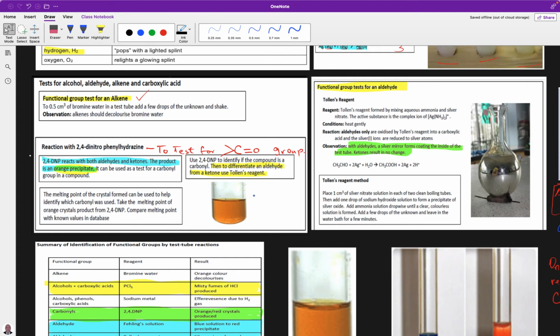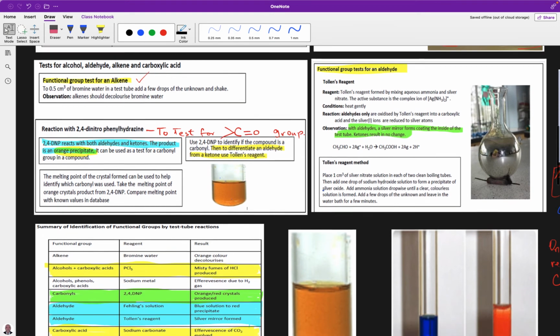But the examiner may want you to bring out the particular compound involved. So it will lead us to further tests carried out to distinguish between aldehydes and ketones.